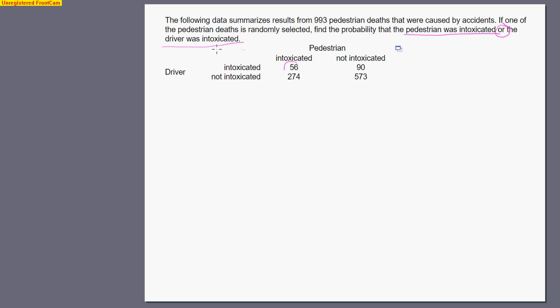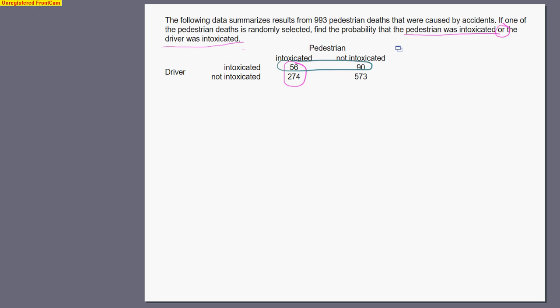There are these people right here. And where are the intoxicated drivers? They are here. I'll use a different color. These are our intoxicated drivers. Now you can see why, when we did it before in the formula and added up the 56 and the 274 plus the 56 and the 90, it's that 56 that gets counted twice, and that's why we had to subtract it off.